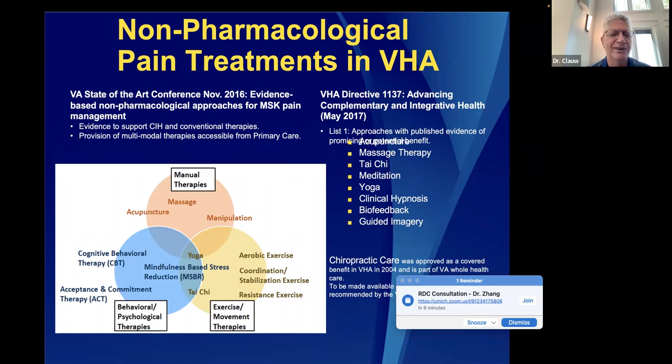And look at all of the therapies that people now can get covered in the VA or DoD healthcare systems if they have chronic pain: Tai Chi, yoga, mindfulness, chiropractic manipulation, acupuncture. The reason for this is that the evidence base is such that these work and that we should be using them. So the challenge for the rest of us that don't practice in these systems is to figure out how we can surround our chronic pain patients with more and more of these integrative therapies.